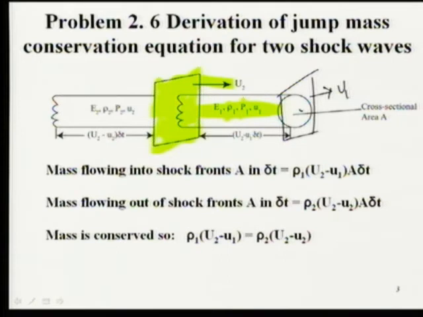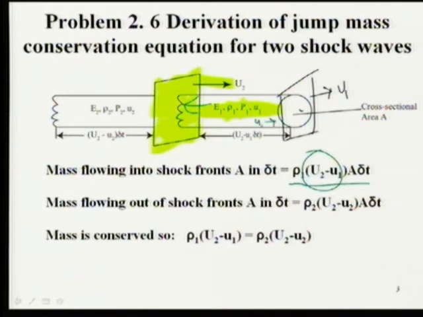The first two are easy. The energy one is a little tricky. Basically the mass flowing into the shock here is equal to the density in front times the flow in, which in Eulerian coordinates is U2 minus u1, because this shock wave is going forward, but so is the u1.